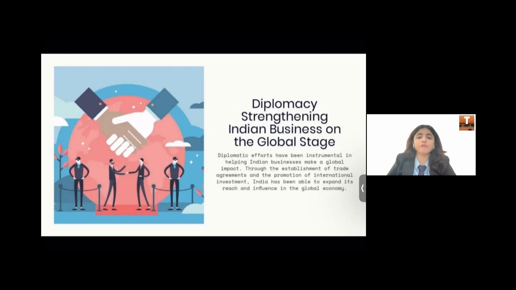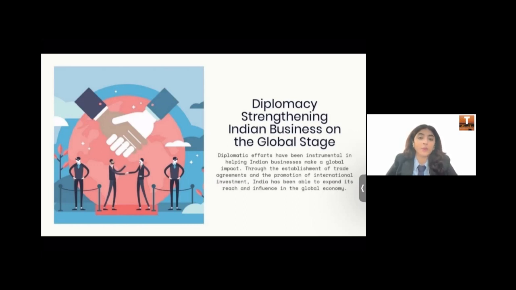By advocating for favorable trade terms, diplomats open the doors to new markets and expand opportunities for Indian businesses to compete globally. Whenever we talk about diplomacy, there is an aspect of the diplomatic people, the stakeholders. So diplomats play a crucial role here.